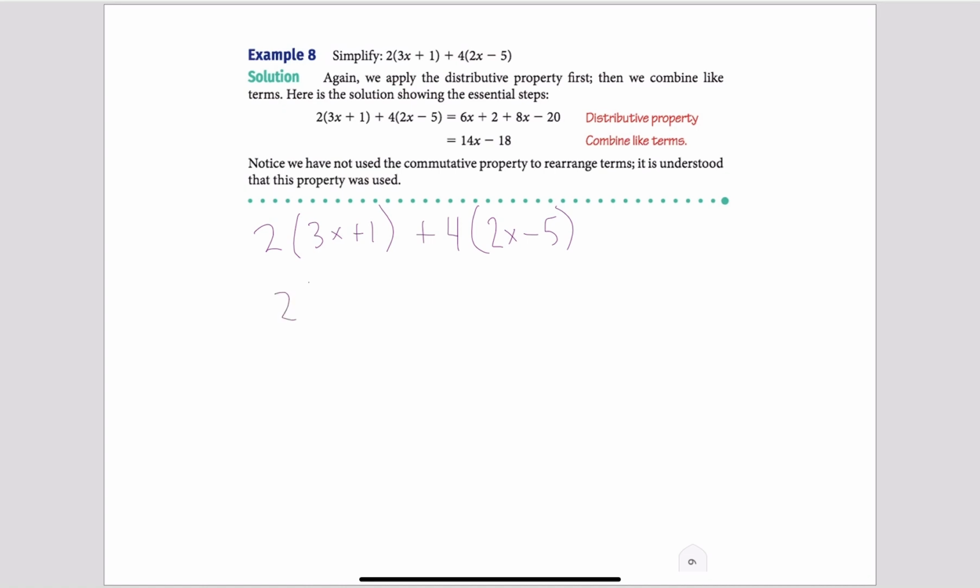So this is 2 times 3x plus 2 times 1 plus 4 times 2x minus 4 times 5. Now, notice I wrote this plus here, and because it's positive, you know I don't have to write a sign, except that here it was a minus 5.